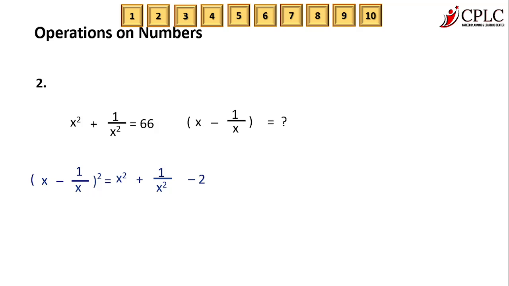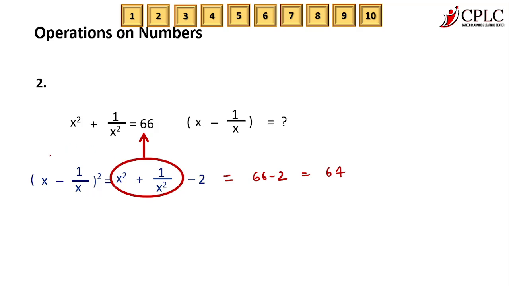So it becomes x square plus 1 upon x square minus 2, because x and 1 upon x get cancelled in the ab term. And now comes the best part. x square plus 1 upon x square is known to us, which is 66. So if we substitute here the values, it is 66 minus 2, which is 64.